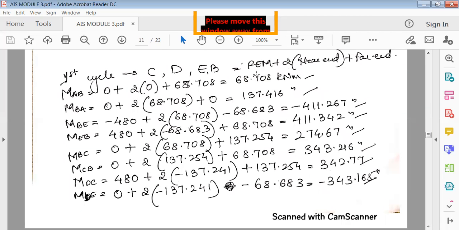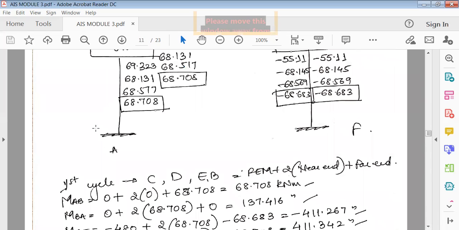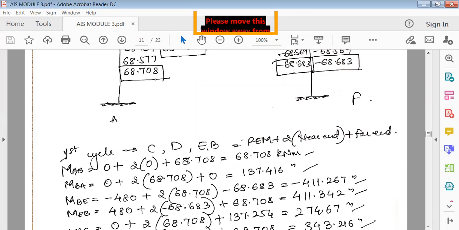So if you want to find the moments, MAB is equal to FEM, that is fixed end moments, plus 2 times near end plus far end. So MAB, fixed end moment in AB is 0. So with respect to A, it's always like this: the first alphabet is the near end, B is the far end.